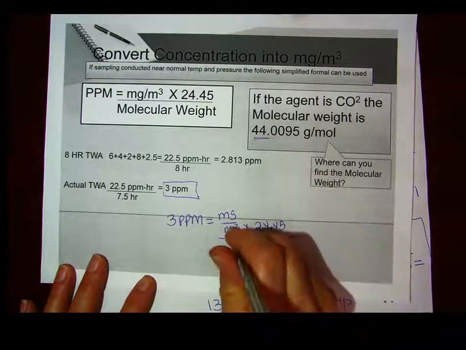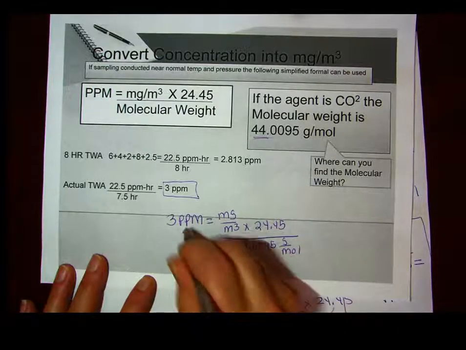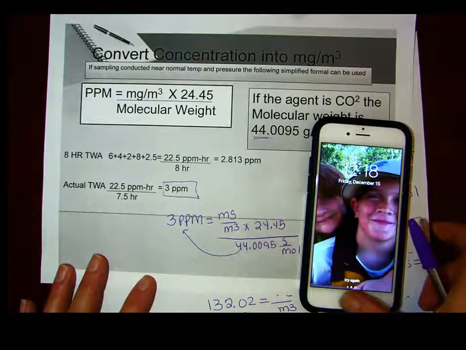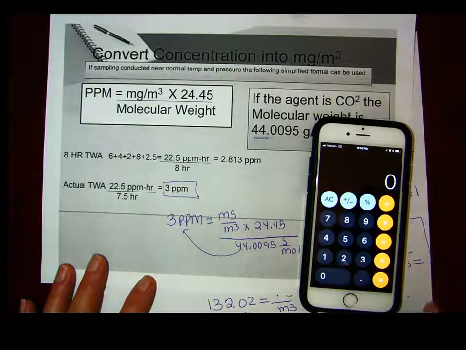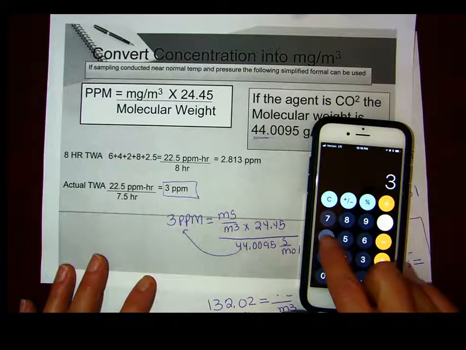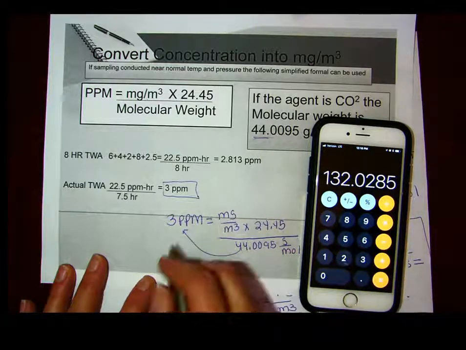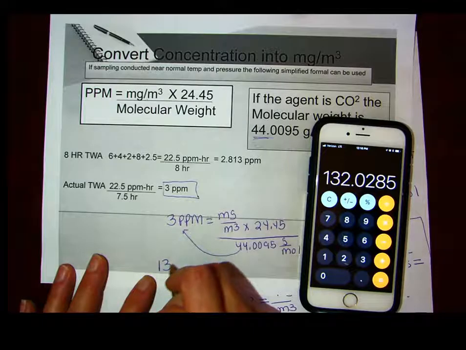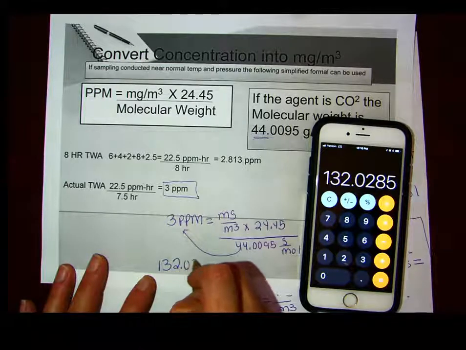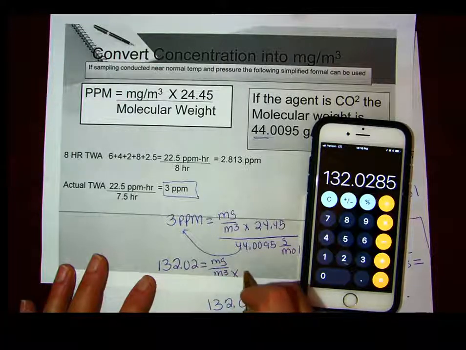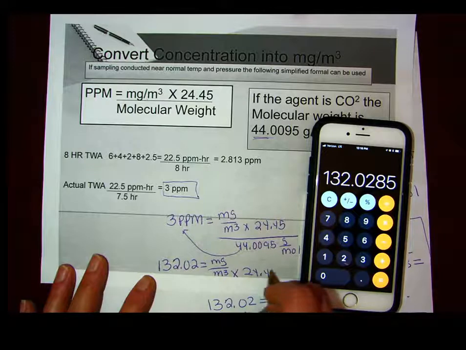Okay, so I need to isolate this variable. I'll do that first by getting rid of my bottom number. Again, I apologize for my calculator. 3 times 44.0095 equals 132.02, which equals milligrams per meter cubed times 24.45.